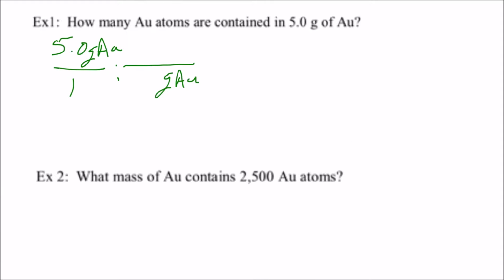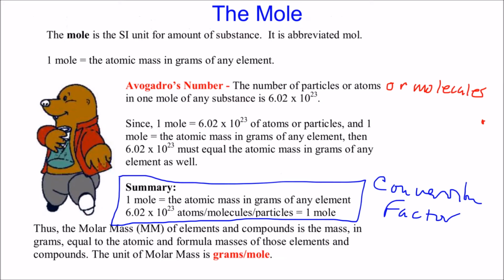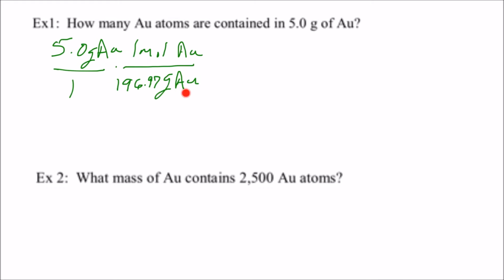So we're going to put 196.97 down here, and that is equal to 1 mole of gold. So here's the conversion factor that we just used: the atomic mass in grams of any element is equal to 1 mole of that element.